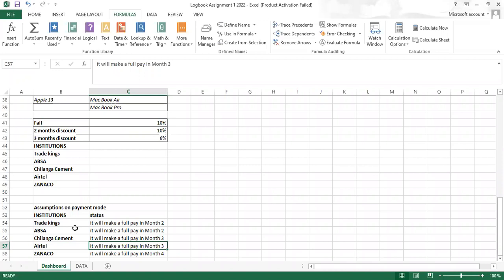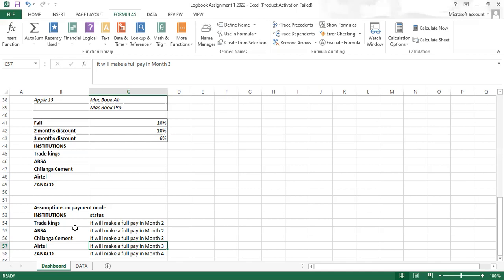Only Zanaco will get the accumulation of initial payment, first installment and second installment. So the idea here is we should make sure that Trade Kings and ABSA give us zeros in the third month, and Chilanga Cement and Airtel only should give us values.